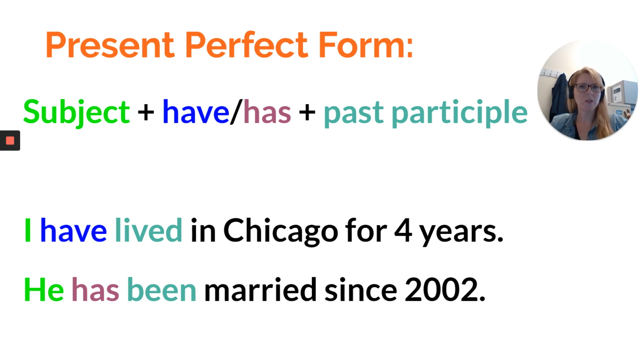Or he has been married since 2002. Now, both of these sentences, lived in Chicago, been married, are for something that started in the past and then continued to now.